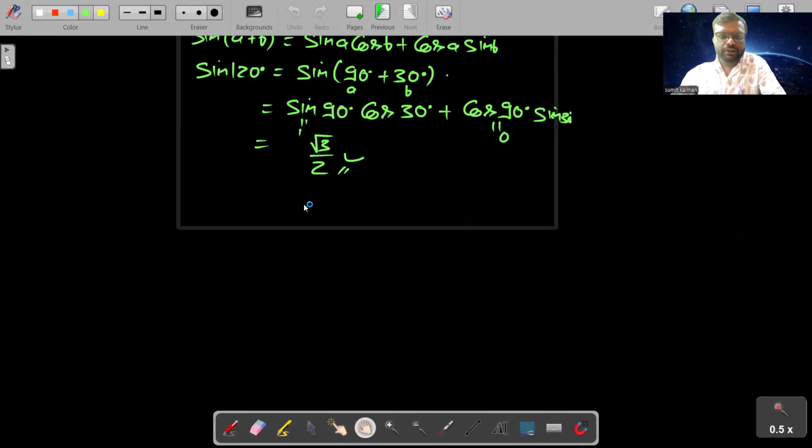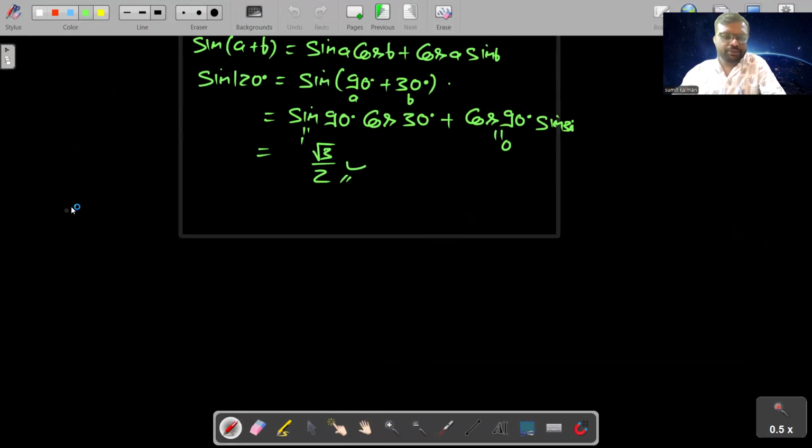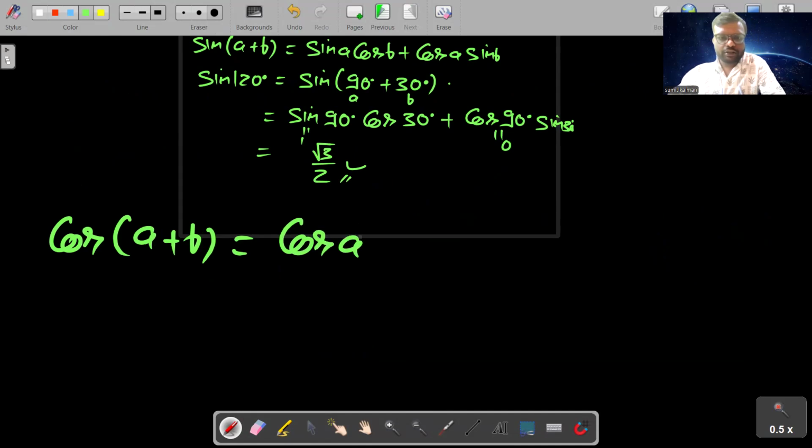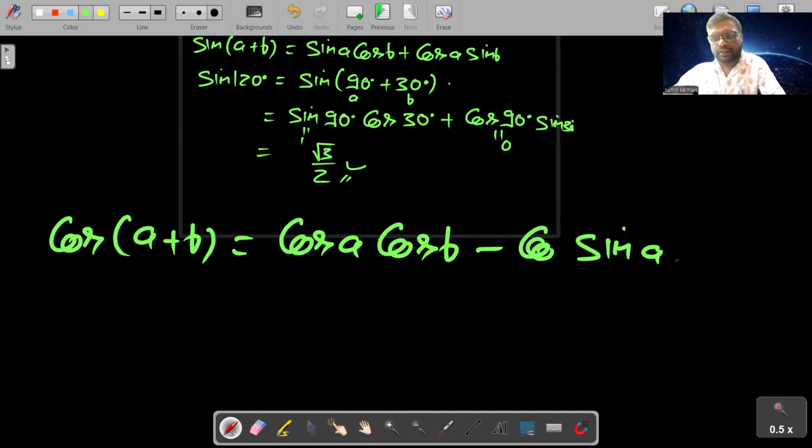Now see, cos A plus B is equal to cos A into cos B minus sine A into sine B.